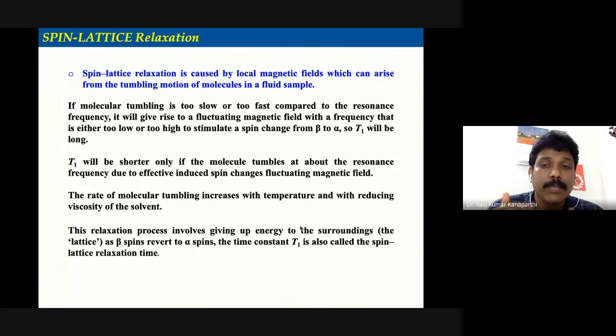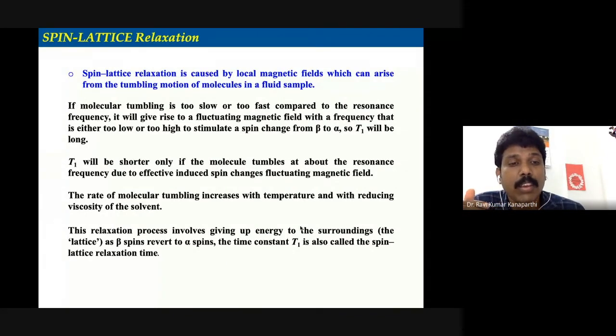And if the viscosity is lowered, again the tumbling motion will be higher, therefore in that situation also T1 will be longer. T1 will be shorter only when the tumbling motion matches the resonating frequency of the spins.